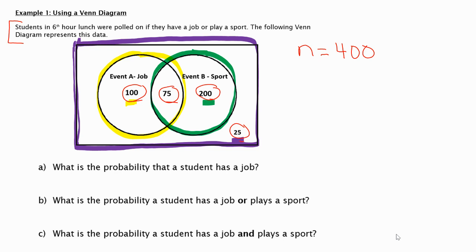The first question says, what is the probability that a student has a job? Again, a job is our event A. That's right here, and it would be 175 because you put the 100 and the 75 together.